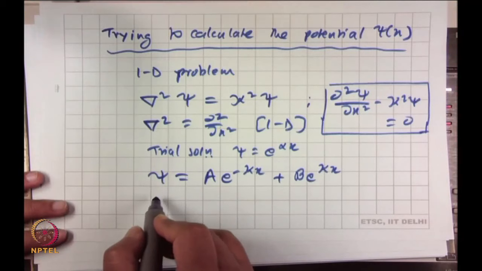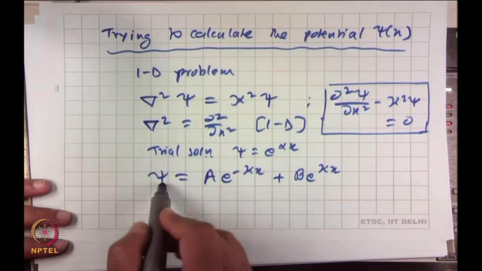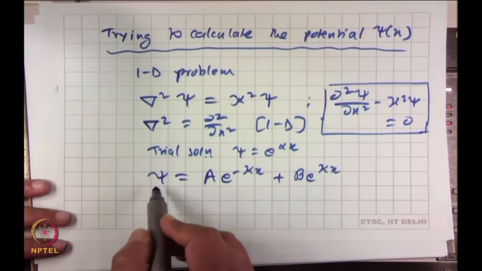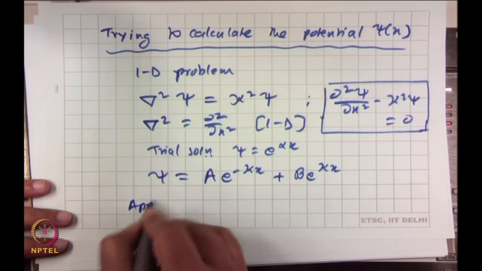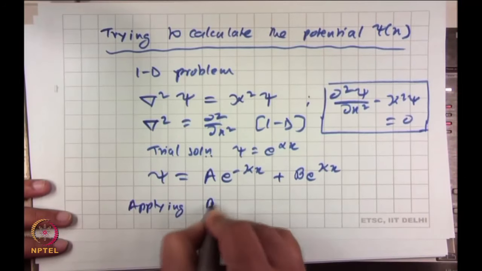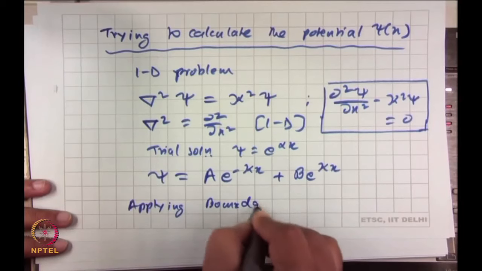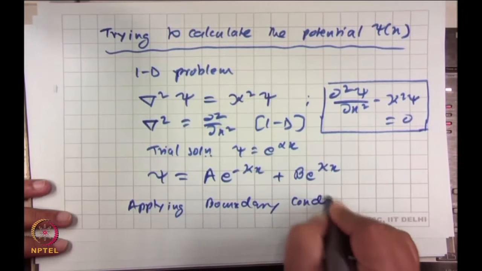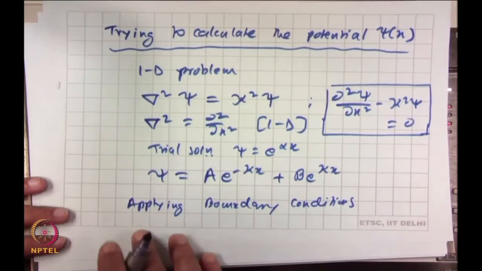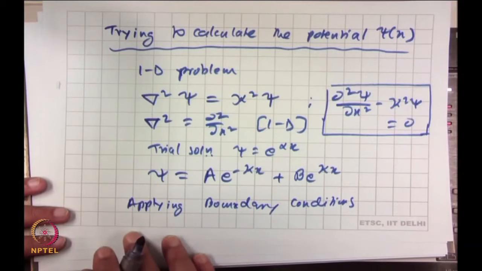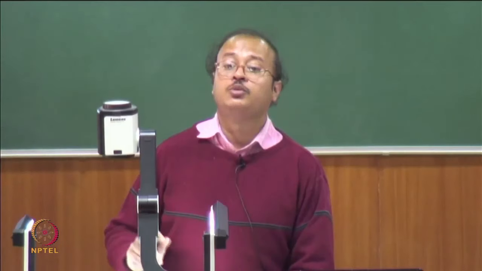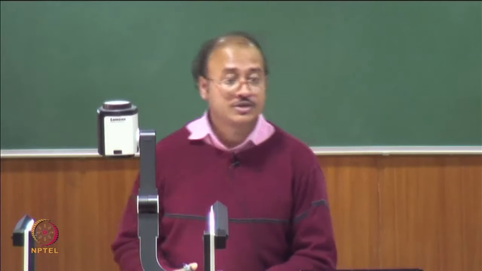That means you already know here what your wave function is, not wave function in this case, it is what? The electrostatic potential. After this you start applying boundary conditions, okay, and this is where we will start off in the next class based on this solution, but I will tell you what the boundary conditions are to just end the class.